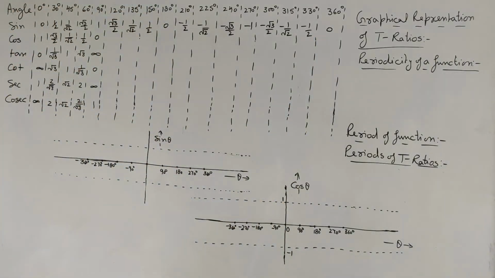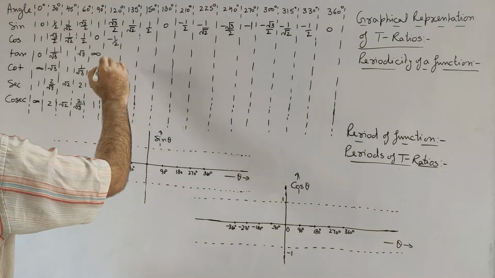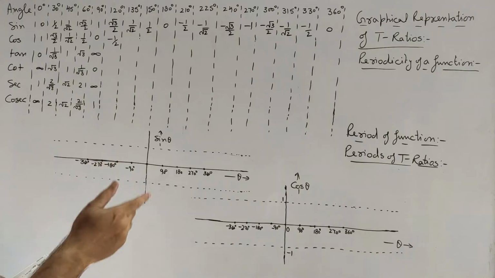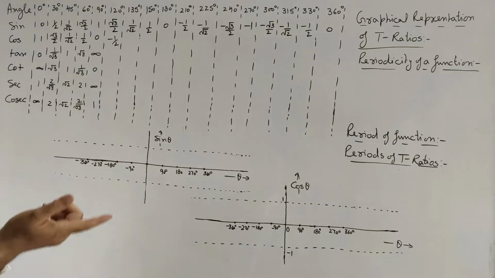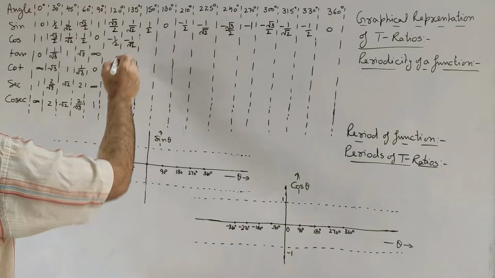Now we come to cos. Cos 120 means cos 90 plus 30. Cos 90 plus 30 means second quadrant, case of 90, so minus sine 30, because in second quadrant cos will be negative, and minus sine 30 means minus 1 by 2. Now 135 degree, cos 90 plus 45. Cos 90 plus 45 means minus sine 45, so minus 1 by root 2.